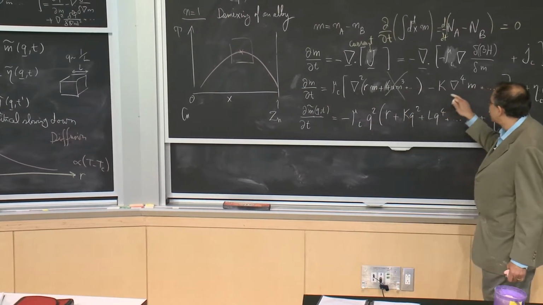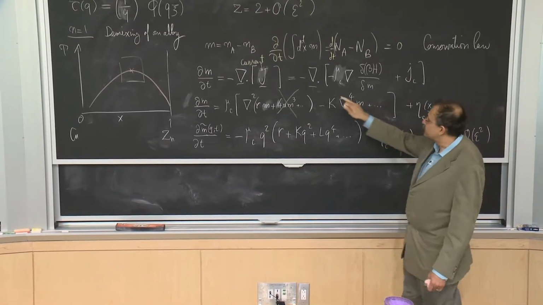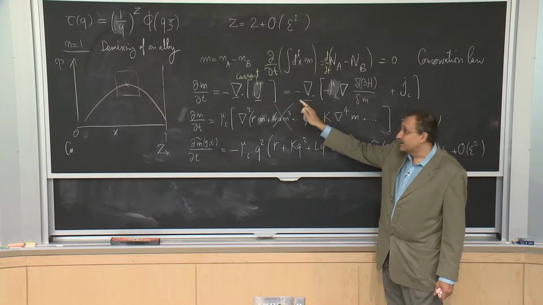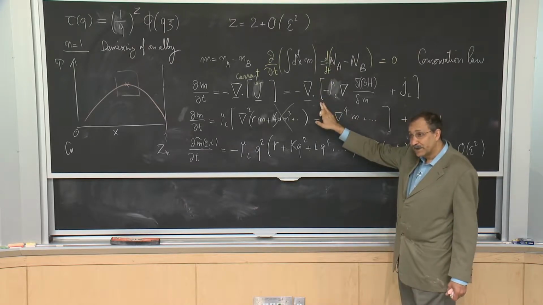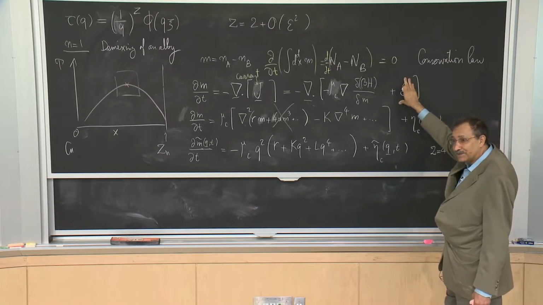If I go back here, I have a good idea of what is happening, because all I need, in order to ensure conservation, is that dm by dt is the gradient of something. Okay. So I can put whatever I want over here. So it's a scalar noise field.